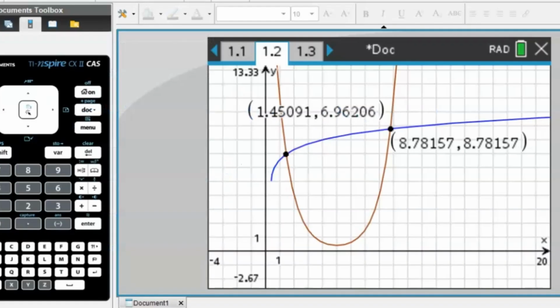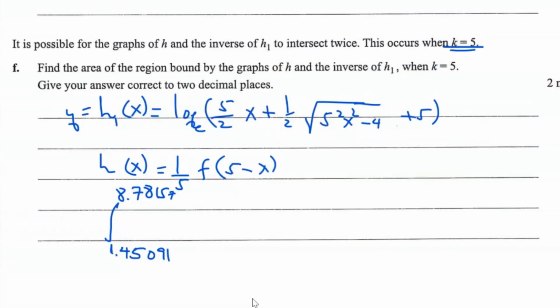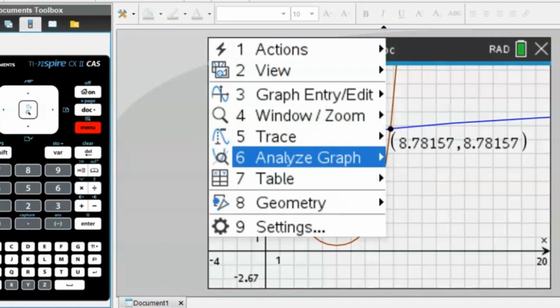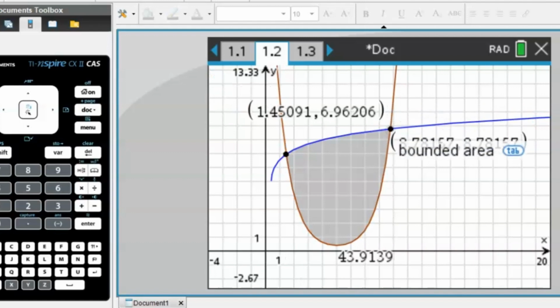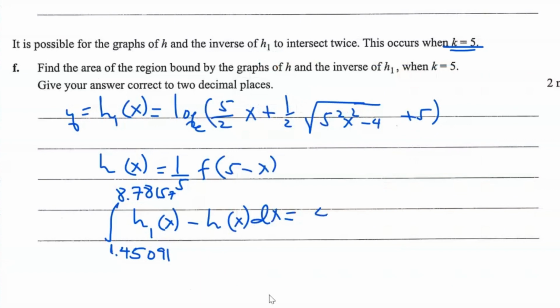Now the h inverse actually comes to the top, minus h of x. And we can just go back and do this, bounded area, which is 43.91. So 43.91 units square is the approximate area, corrected to 2 decimal places. And that is the last bit of the exam, the last question of the exam.